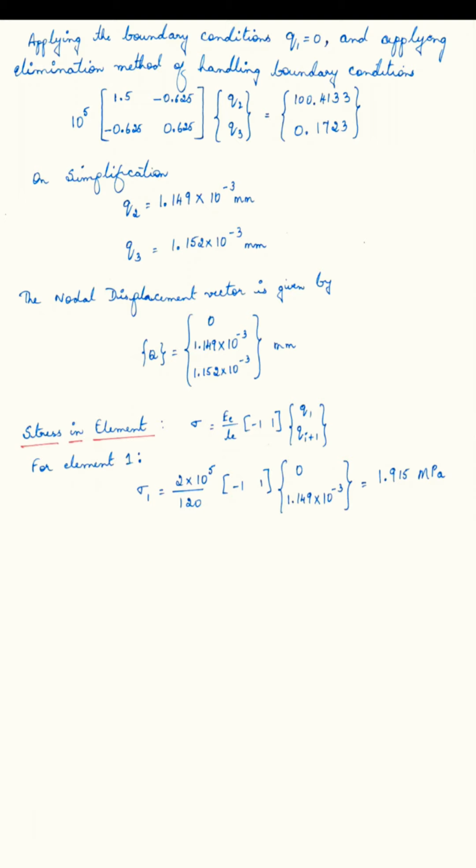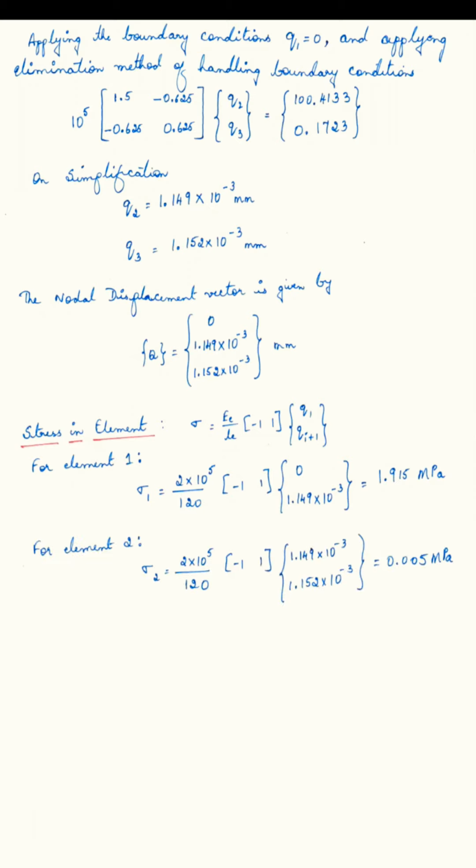Stress, again the same formula holds good: E by L into minus 1, 1 times Q_i and Q_i plus 1, where i denotes the node numbering. So for element 1, sigma 1 is given by E value is 2 into 10 to the power of 5, L value is 120, minus 1 and 1, Q1 is 0, Q1 plus 1, which is Q2, is 1.149 into 10 power minus 3, which is equal to 1.915 megapascal.